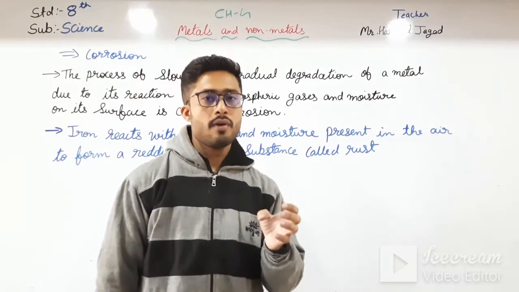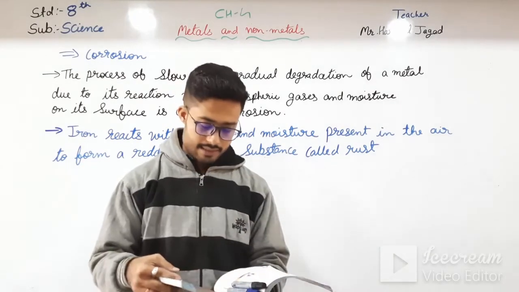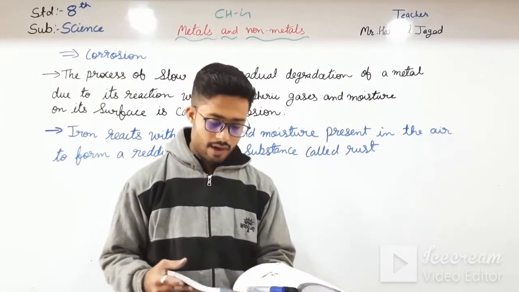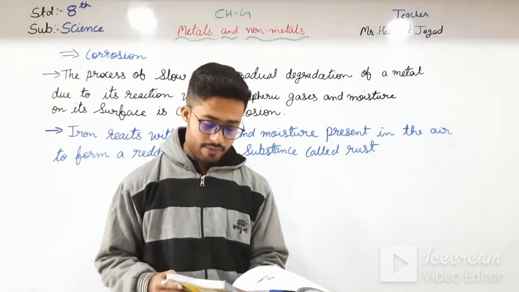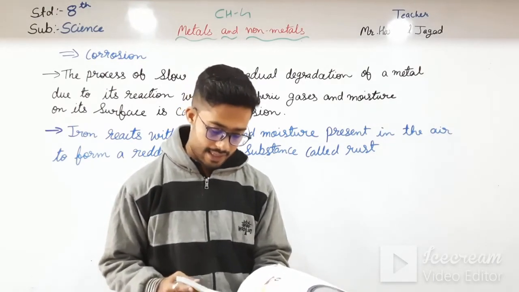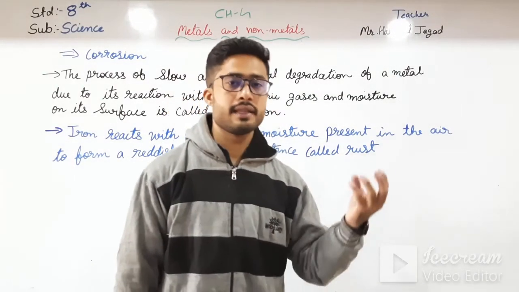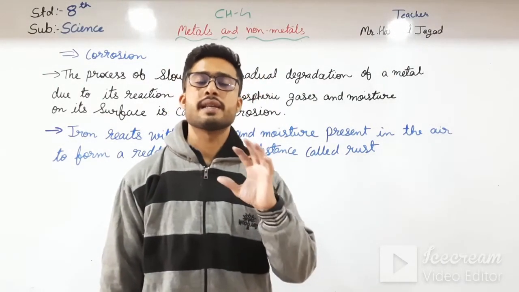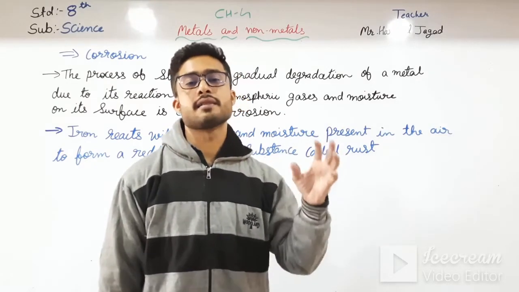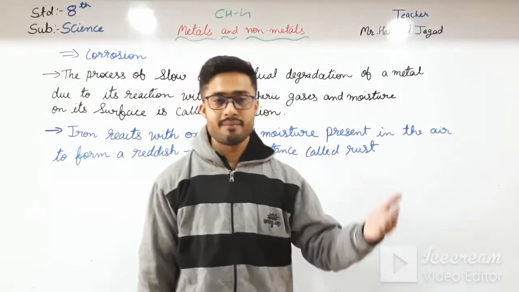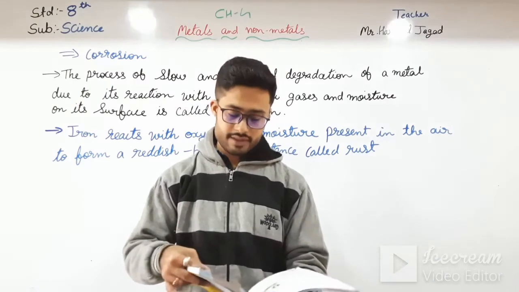Okay students, silver reacts with the hydrogen sulfide gas present in the air. Due to this, the surface of the silver becomes blackish after some time.